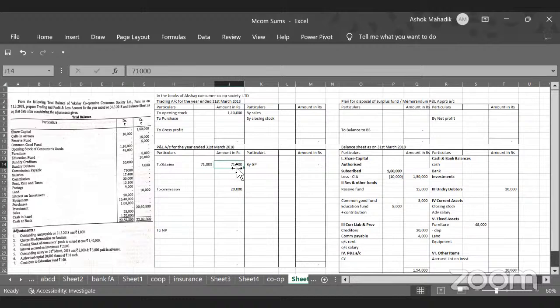Next, rent rates and taxes. To rent, rates and taxes.